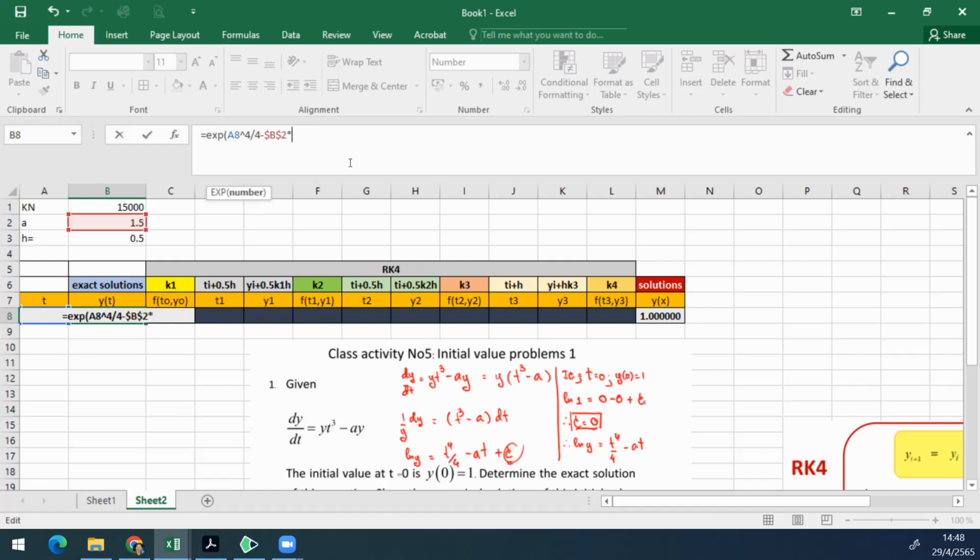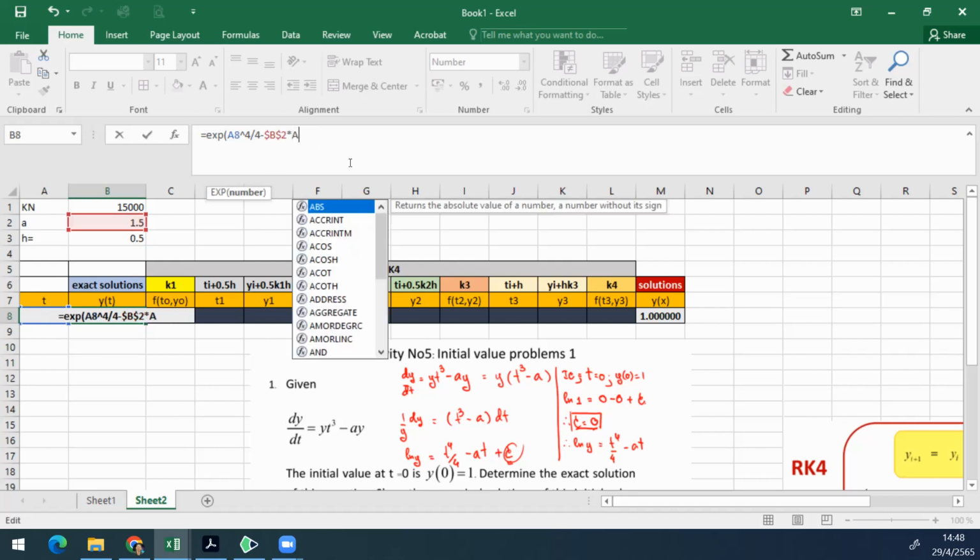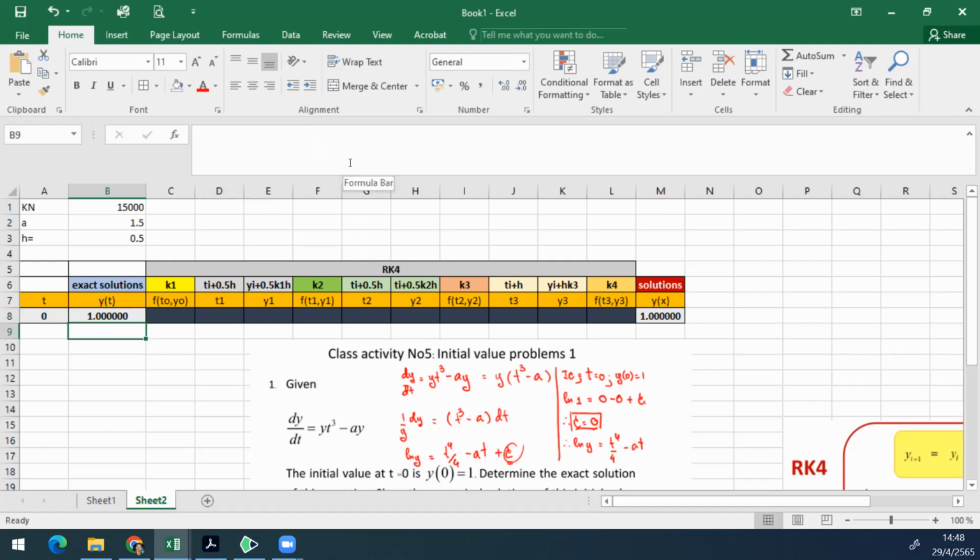Term a. Okay, it should be all right, right?